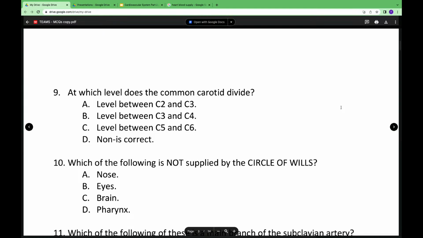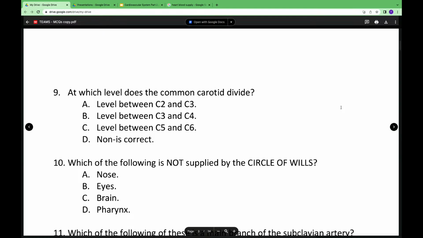Okay, you were kind of correct. It is C3 and C4. Okay? It is B. But sometimes it is also said C4 and C5, but in our books it is C3, C4.